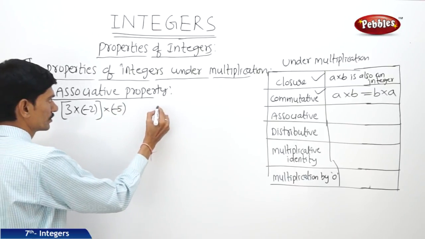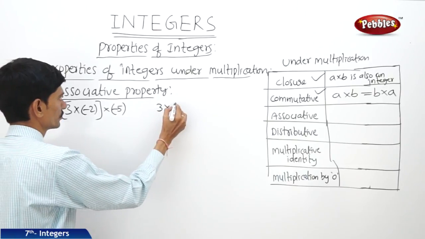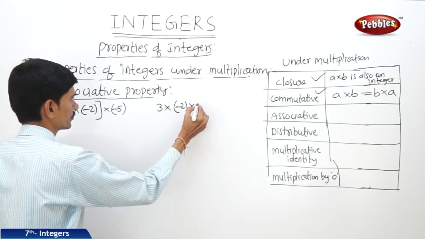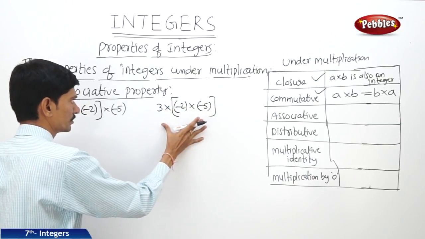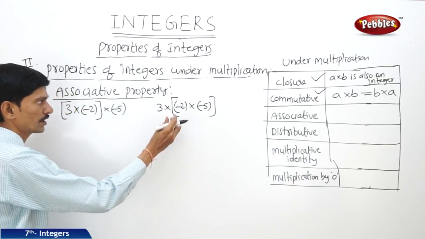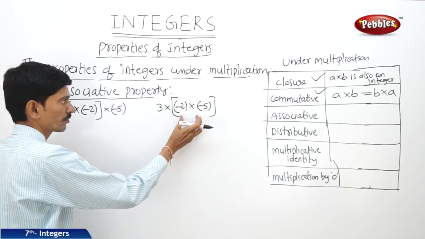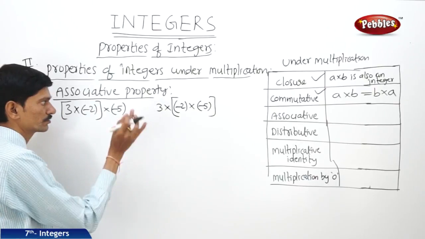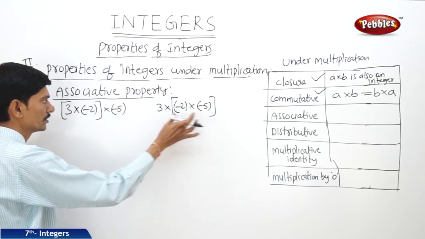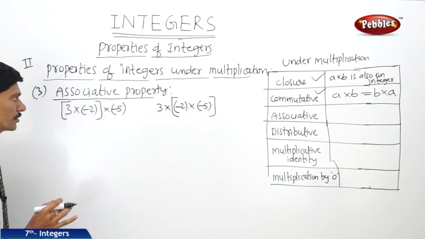In the second case, we take the same three integers, but we take the product of minus 2 and minus 5, then multiply this product by 3. So here minus 2 and minus 5 are grouped, but in the first case 3 and minus 2 are grouped.